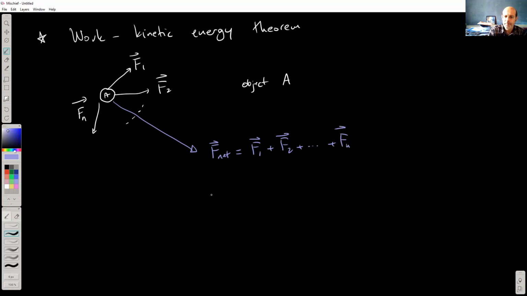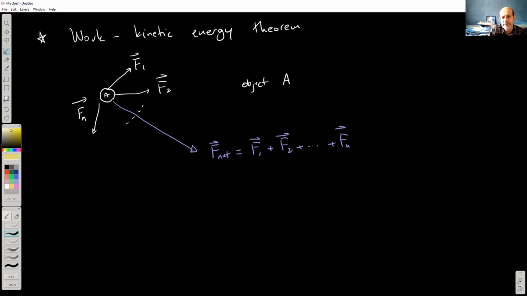Okay, so I'm also going to consider the case where these forces may not be constant. So I'm going to consider some kind of motion of the object.